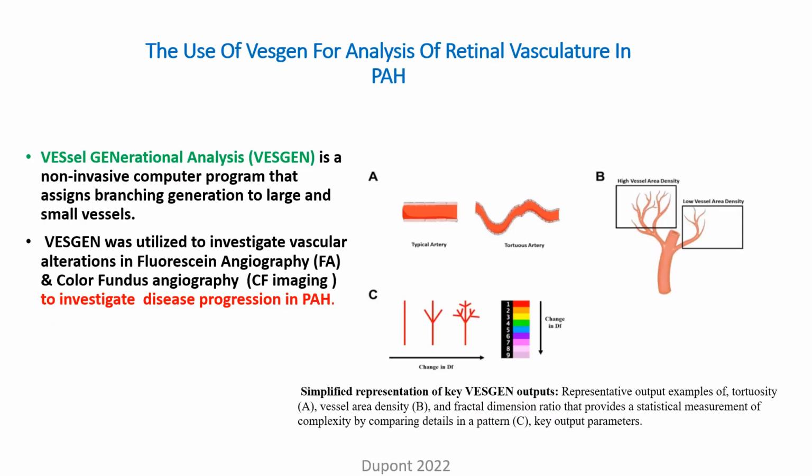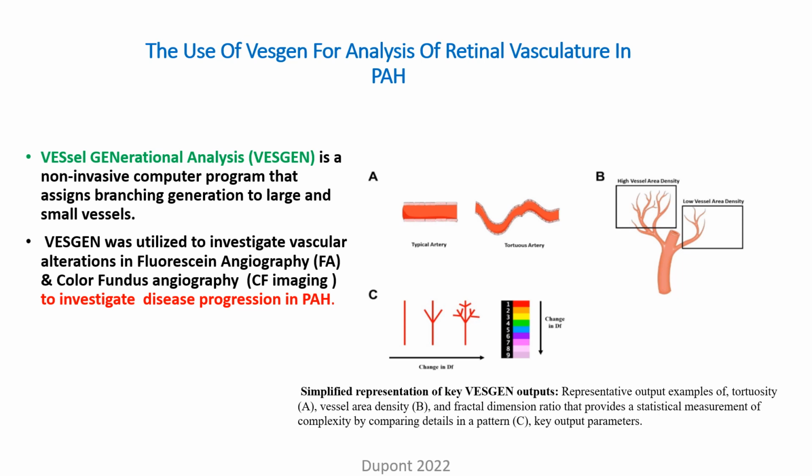Finally, this is an interesting study in 2022 by Dupont, who studied the use of VisGen for analysis of retinal vasculature in PAH. VisGen is a non-invasive computer program that assigns branching generation to large and small vessels, and it was utilized to investigate vascular alteration in fluorescein angiography and color fundus angiography to investigate disease progression in PH.